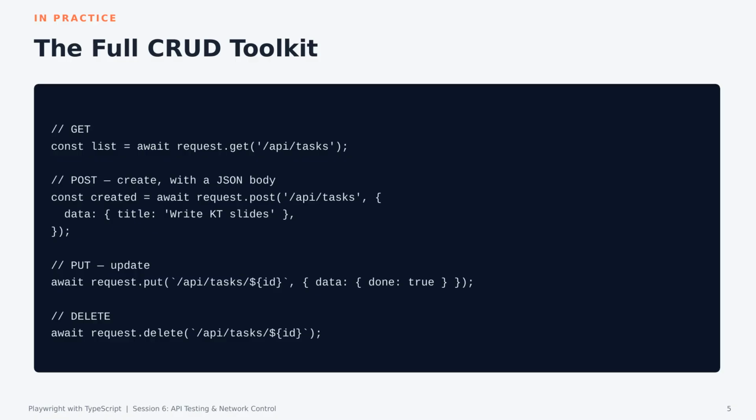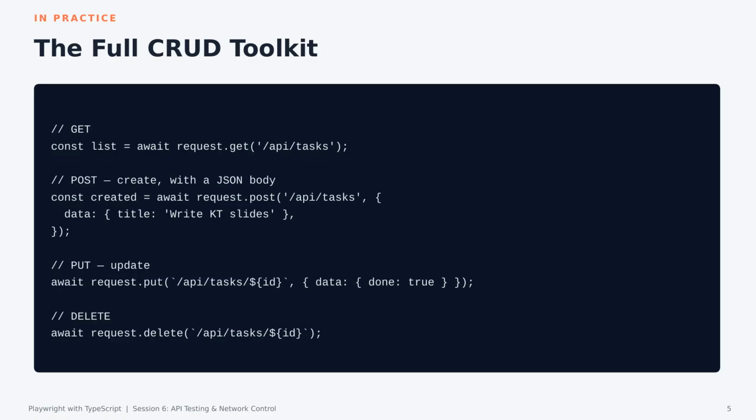Let's look at the full range of what you can do. Get: const list = await request.get('/api/tasks'). Post to create something, passing a data object with, for example, a title of 'write KT slides'.